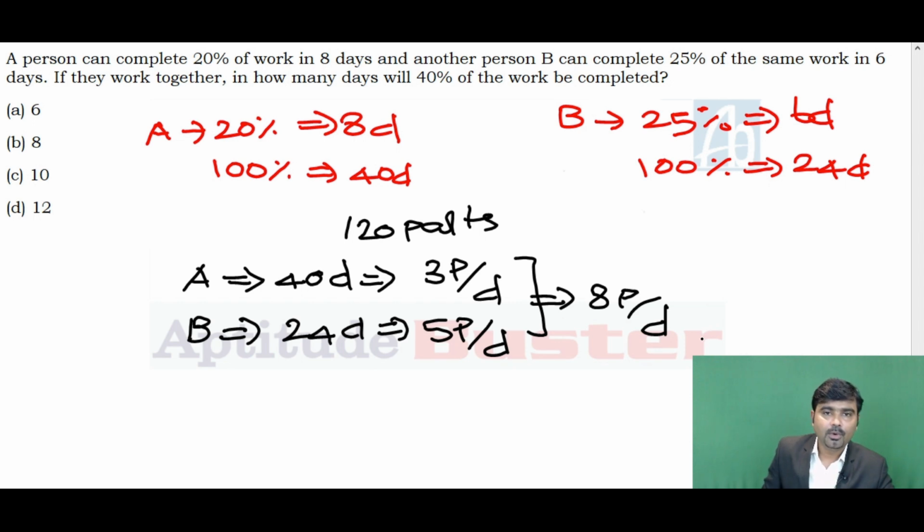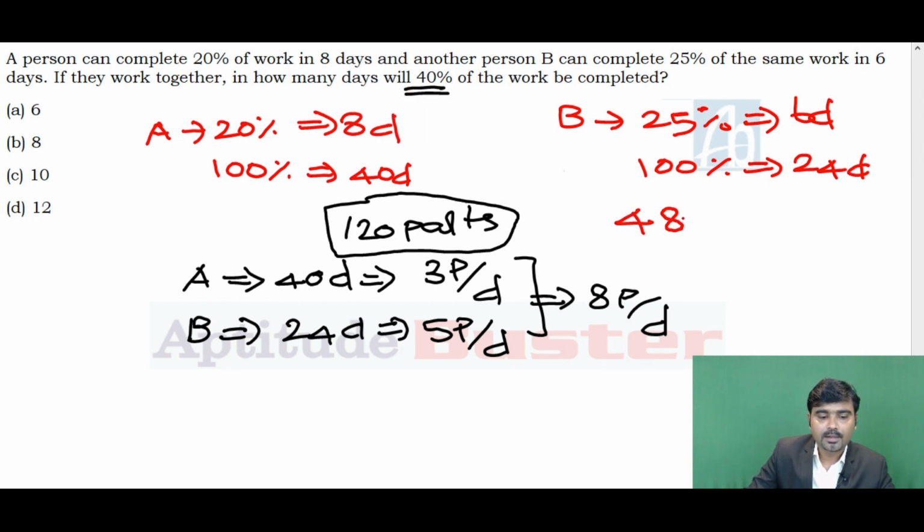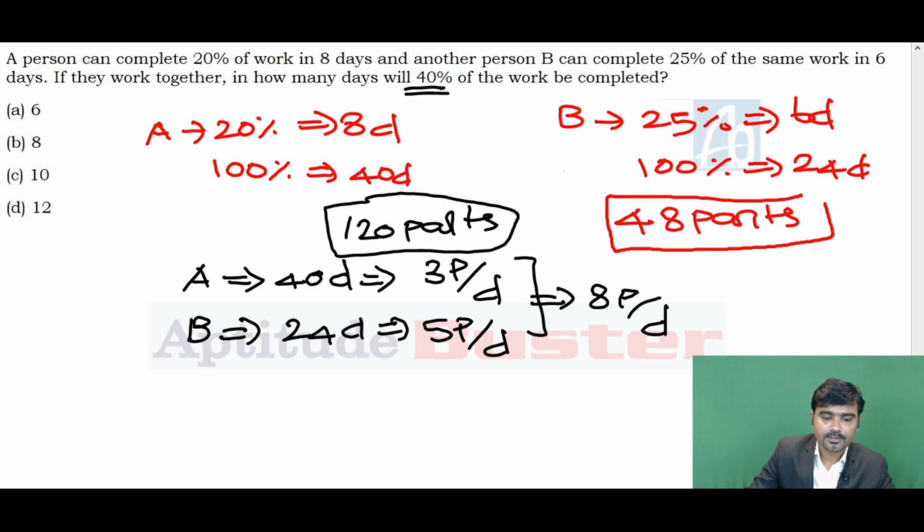Now we need not complete 100% of the work. Here they need to complete only 40% of the work. 100% is 120 parts, means 40% is 48 parts.